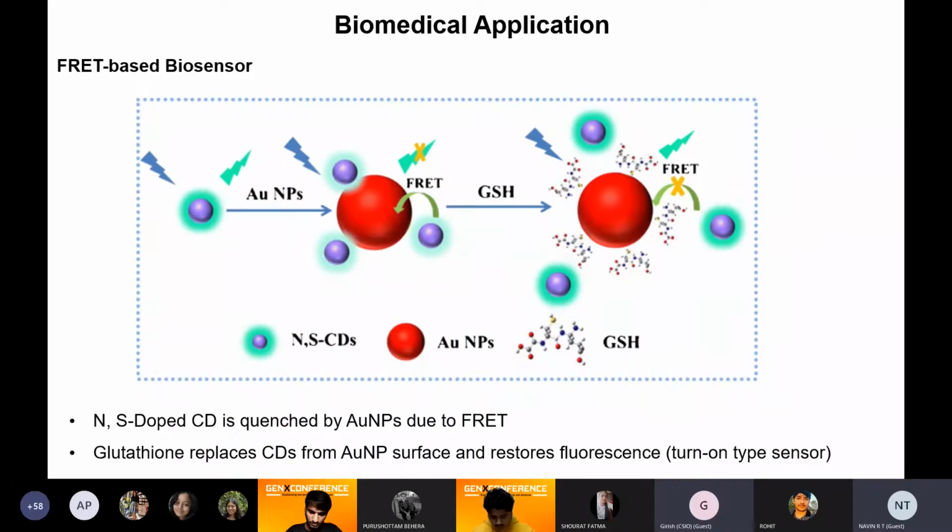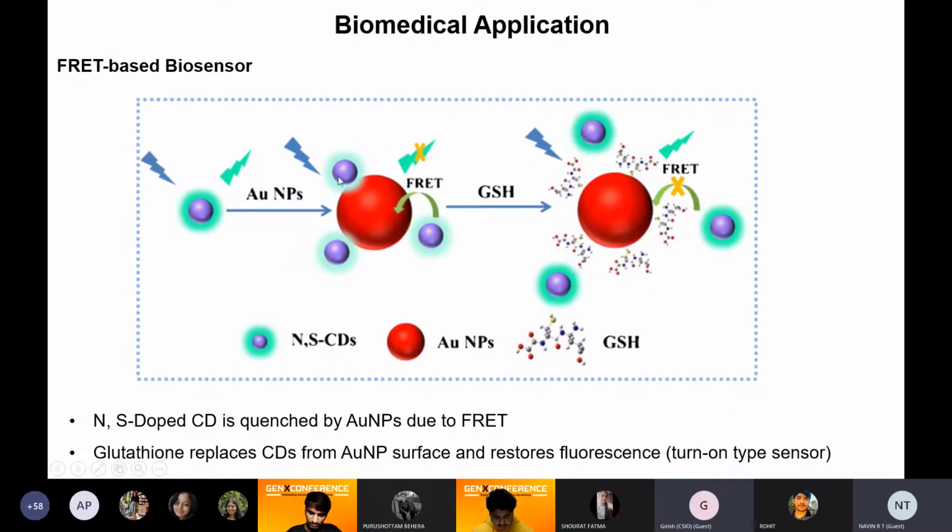For example, people have shown that carbon dots can directly interact with copper or iron metal ions, and because of this interaction, the electronic property of the carbon dot changes and it is no longer fluorescent. So it quenches, basically. Those types of metal ion sensors, which are based on the quenching of the carbon dots, are called turn off type sensors.